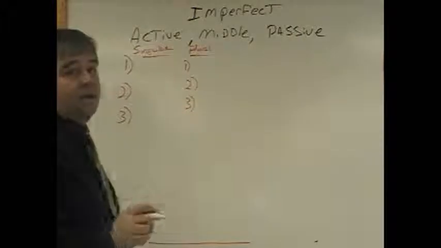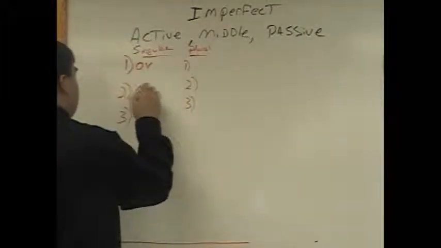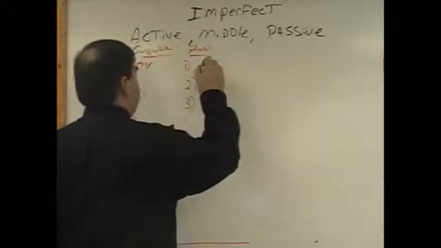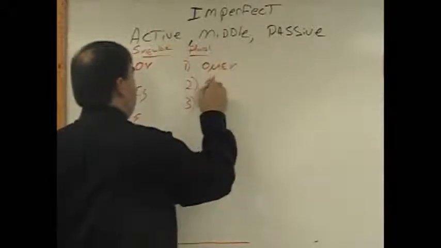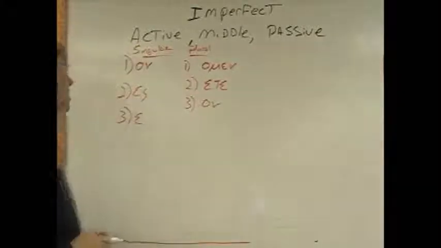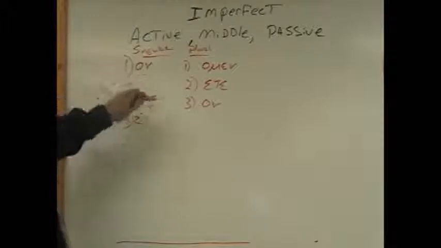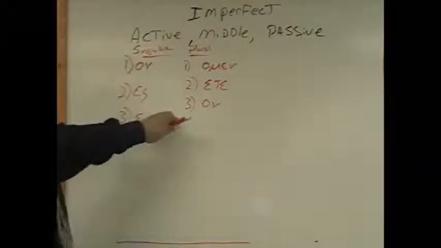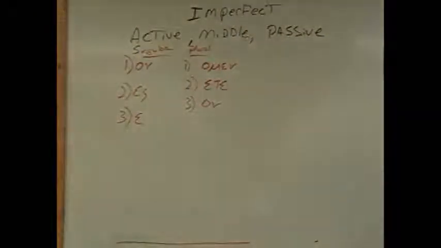This time, here are our endings: on, s, e, amen, ete, on. One thing you'll notice about the active endings here is that the on in the first person singular and third person plural are the same. So those we tell apart by context.